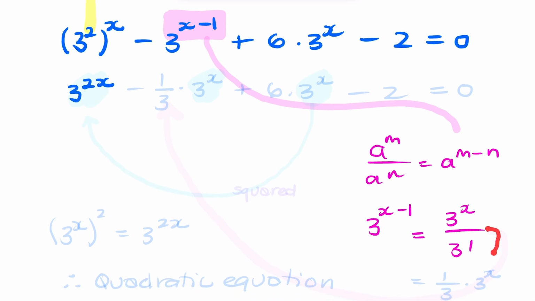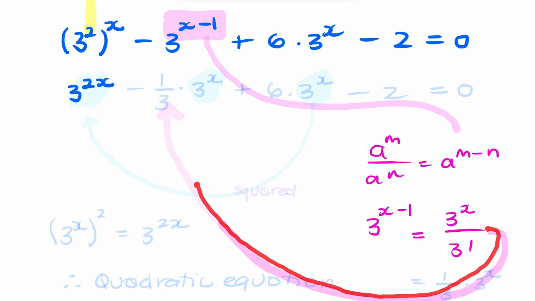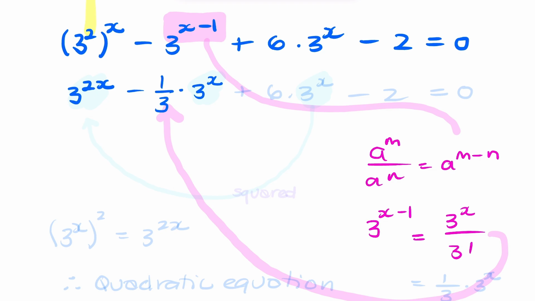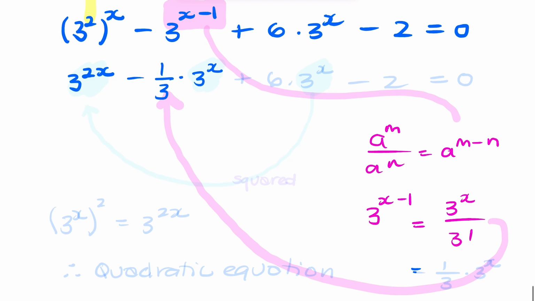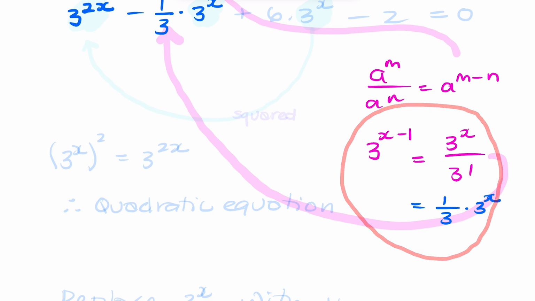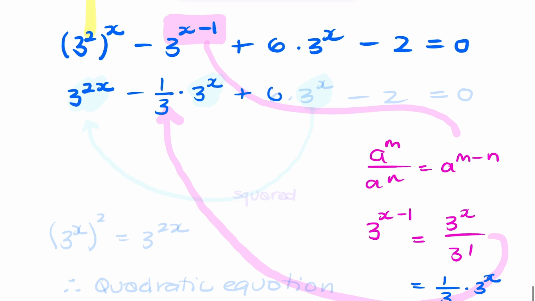So we can put that back into our expression here, and that gives us minus 1 over 3 times 3 to the power x, because that's really what 3 to the power x divided by 3 to the power 1 is. It's 1 over 3 times 3 to the power x, plus 6 times 3 to the power x minus 2 equals 0.